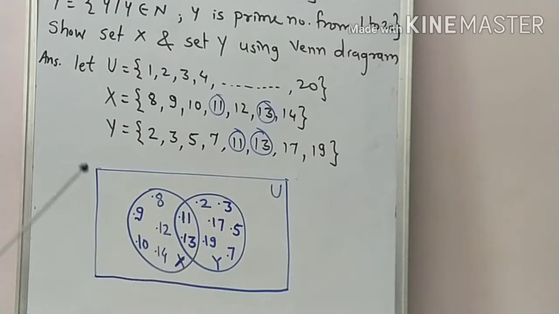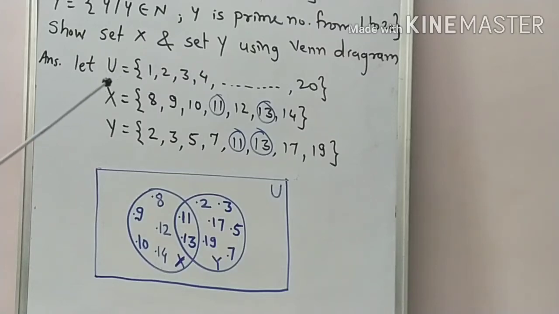Now again, what do you have to write? Yes, the remaining numbers of universal set U, because all these numbers are in X, in Y, and in the universal set. So there are some numbers remaining in the listing method of the universal set.